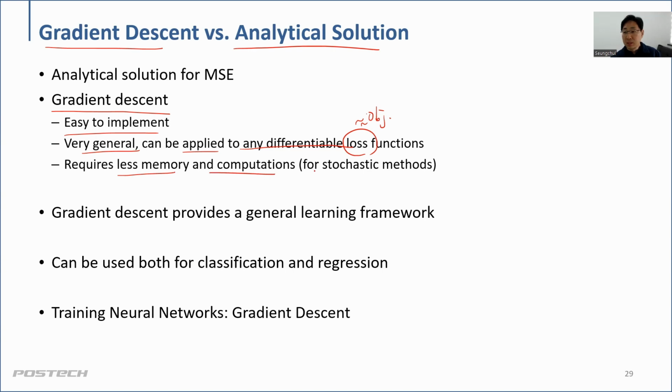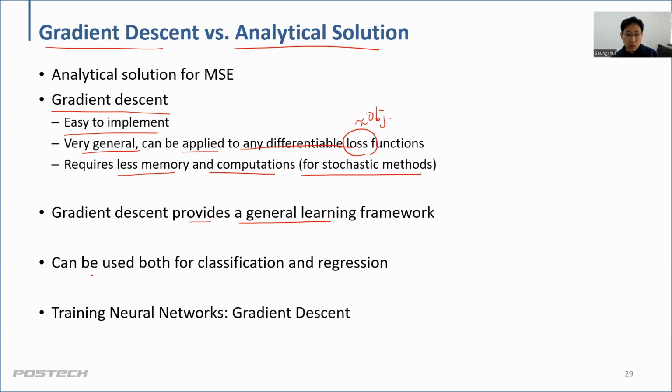This one is probably not easy to see at this moment for the stochastic method, but later on, once you have a chance to use gradient descent, like in the homework assignment, you will probably recognize it. So gradient descent provides a general learning framework.